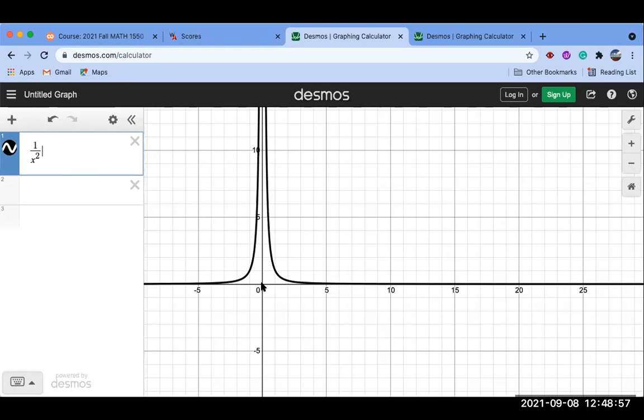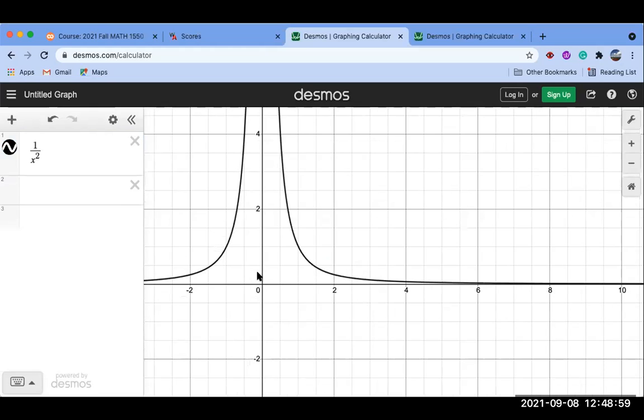When x comes closer and closer to 0, the function value will be very big. It goes to infinity. We've done this before, okay? Or you can use your calculator.